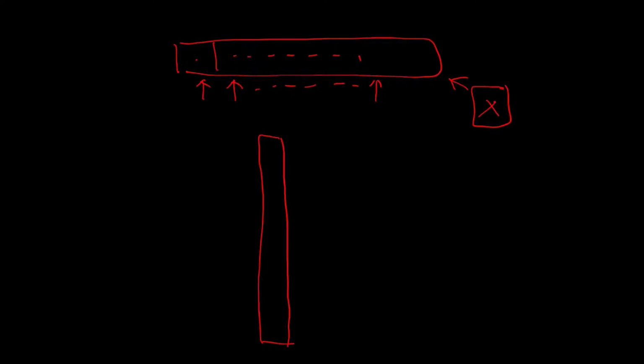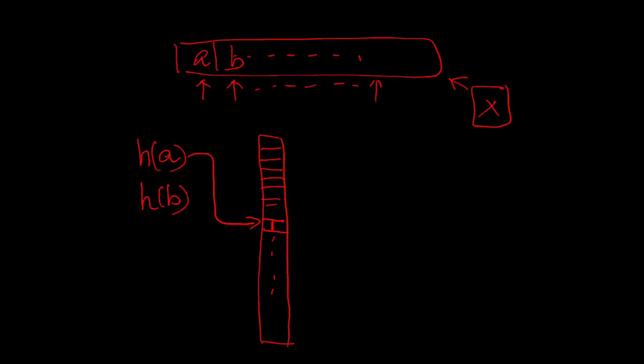Suppose I have this set, and I represent it by a hash table. I take the first element over here. Let's call that A, let's call that B, and this is a bit vector. Okay, so I take A, I operate on it with my hash function. That will give me an entry, and I will set the bit to 1. And you have B, I will get another entry, and I will set that entry to 1, and so on and so forth.